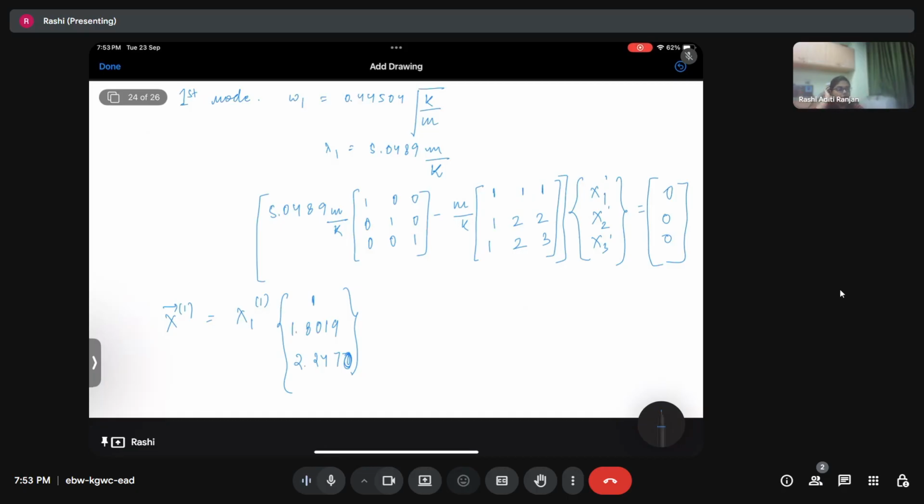Okay, all the three are going to have the same direction, and the first mass is going to have whatever the displacement is, the second one is going to have more than that, and the third one is going to have more than the second also. So it is going to be something like this.